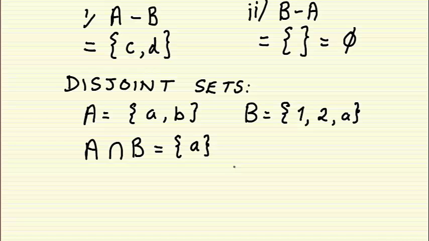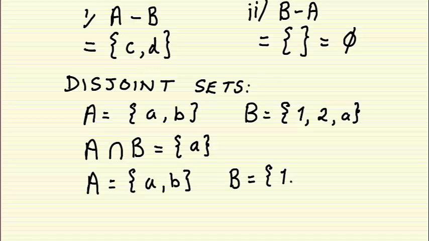Okay, so let's have a look then at another example. This time let's take A to be the set, again with elements a and b, and B to be the set with elements 1 and 2. Let's form the intersection again. So A intersection B, in this case, we're looking for the common elements between the two of them.